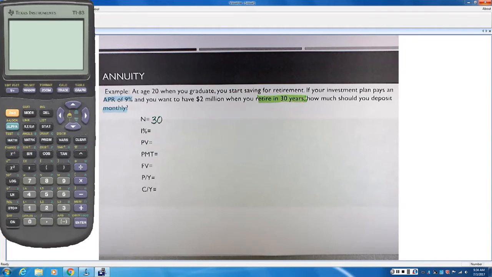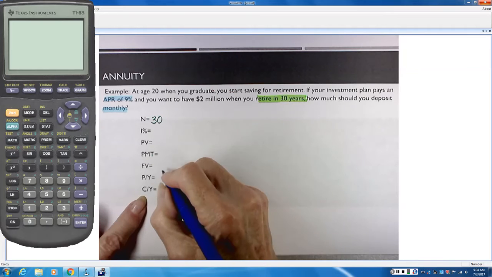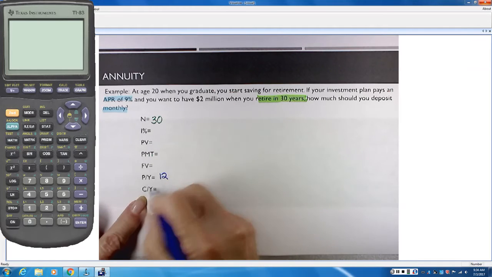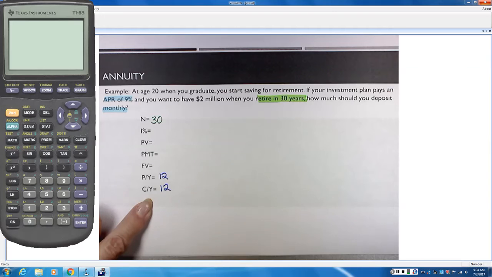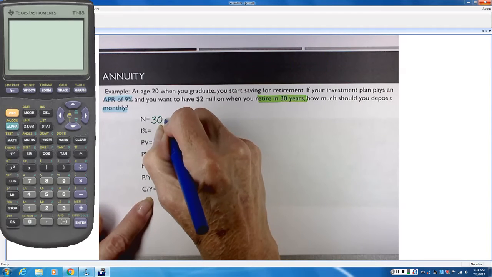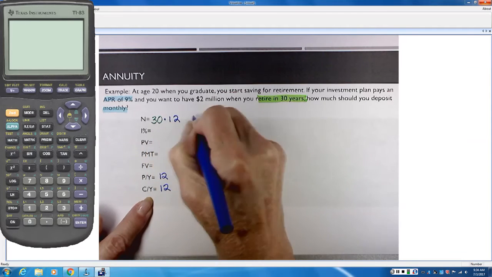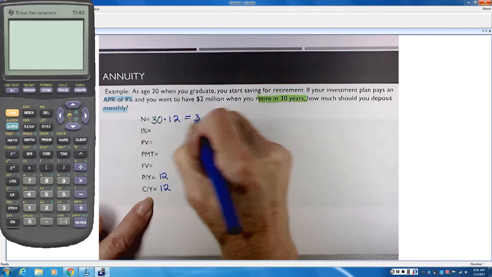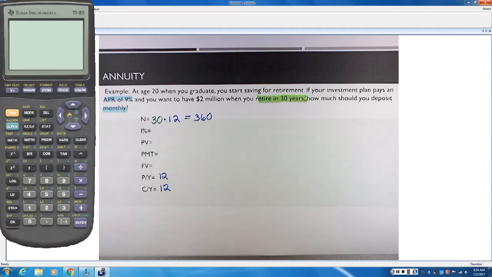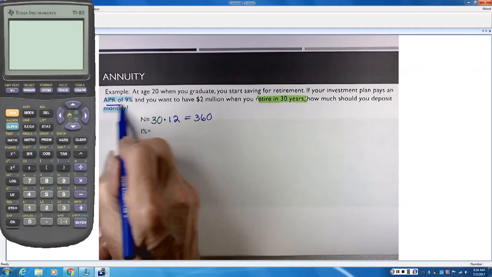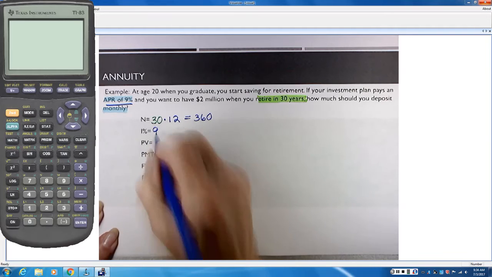So once a month tells me that I'm going to make 12 payments per year, which is going to be compounded 12 times, and N is going to be 30 years times 12. And that's going to turn out to be 360. And then my 9% is my interest rate.